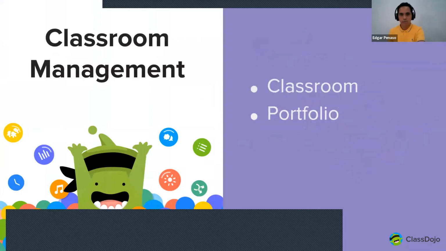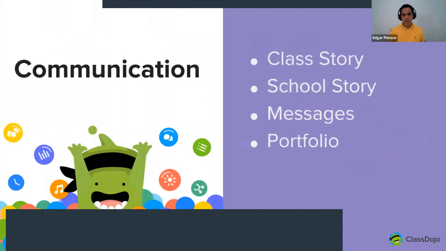For classroom management, we can use the classroom feature as well as the portfolio. We can communicate with the parents using class story, school story, and messages like Facebook Messenger, and we can communicate with the students through their portfolio.